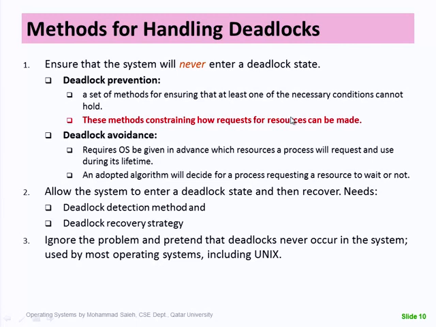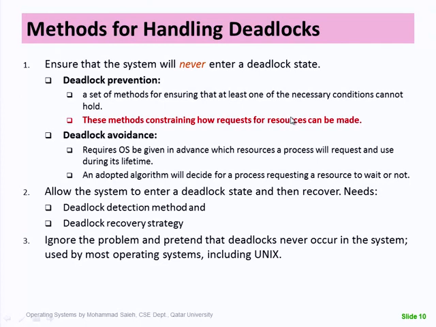For a deadlock to happen, 4 conditions must hold simultaneously, right? So if we can guarantee that any one of them will never happen, it means we will never have deadlock. That's how prevention is. So we're going to look at these 4 conditions and try to see how we can make any one of them false, okay?